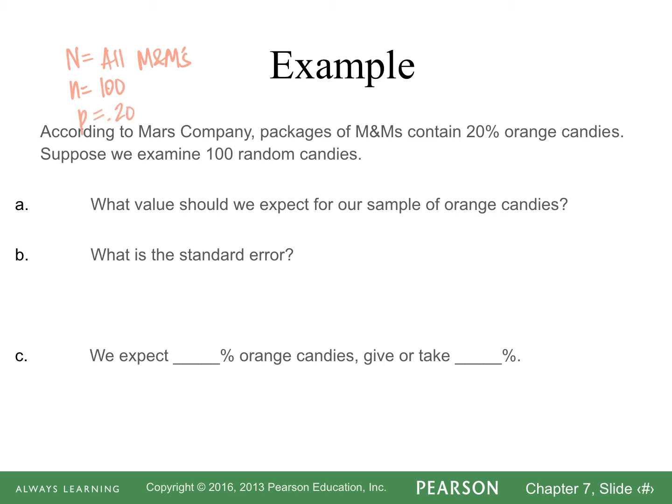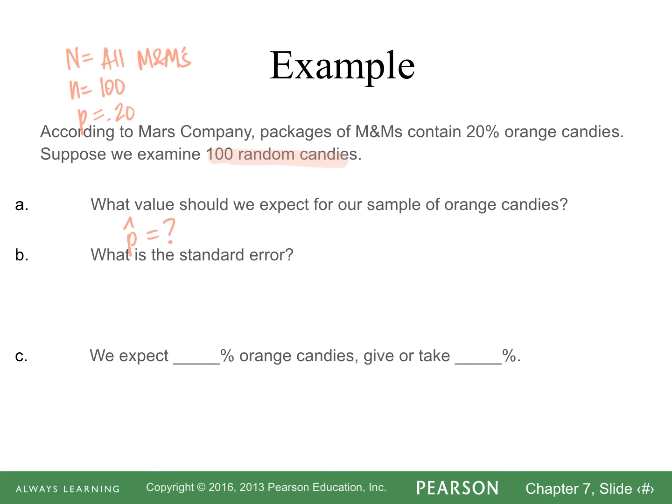So the first question is asking, what value should we expect for our sample of orange candies? In other words, what should we expect for P hat from our sample? Okay, so remember, we want to try to hit the target every time. We expect to hit the target every time, and because the sample has been taken randomly, random assignment, that tells us there was no bias.